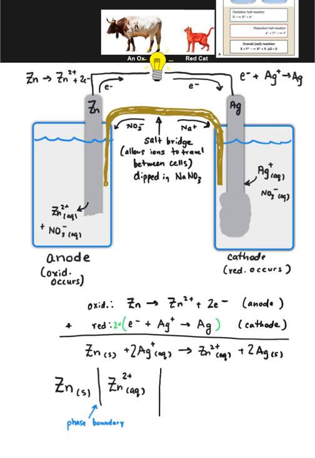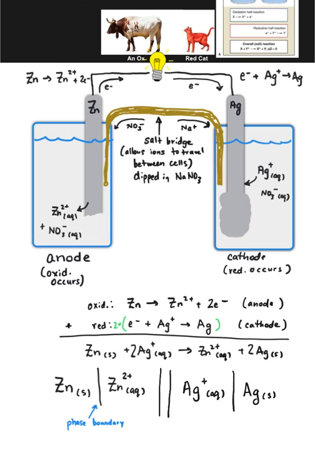This electrode, this anode, is separated from another electrode, the cathode, which contains silver cations in aqueous solution and, in a separate phase, silver metal.